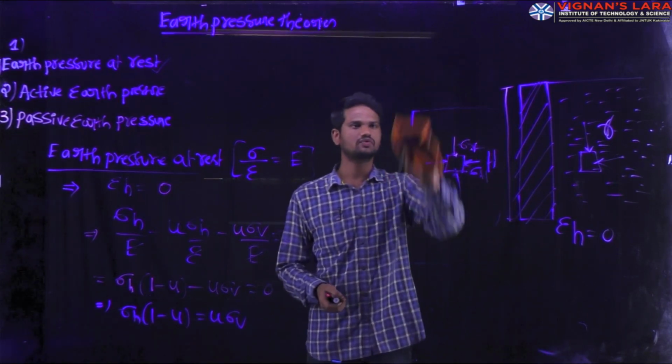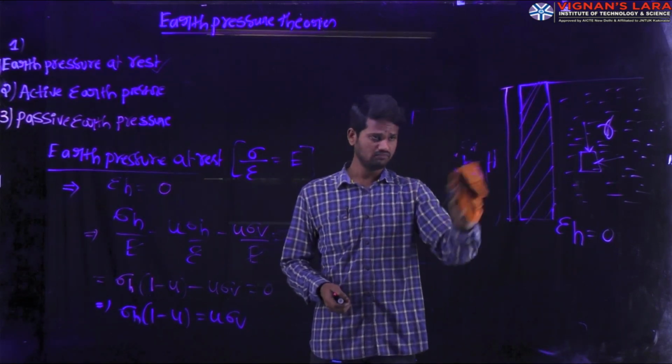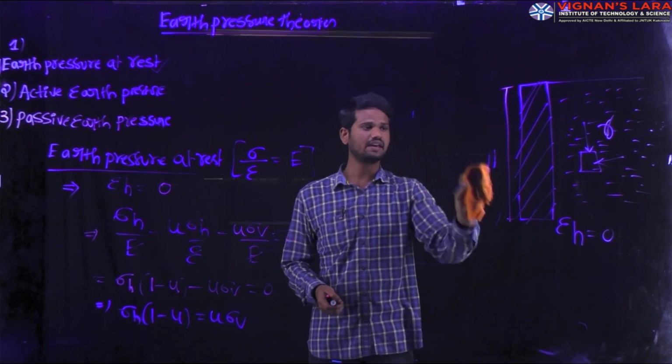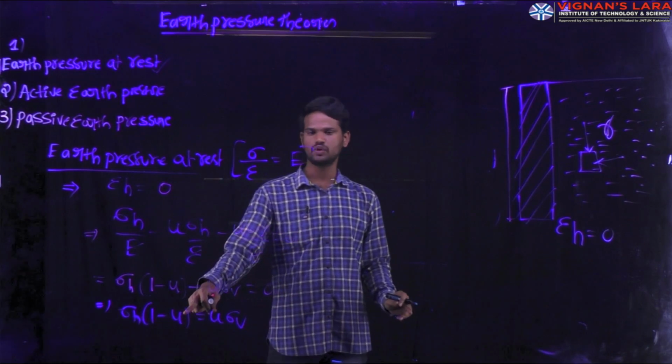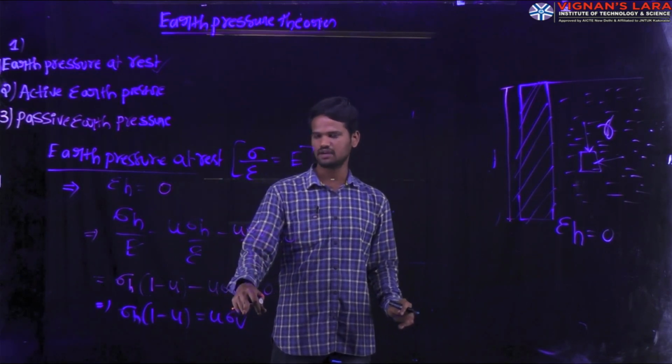How are we calculating this sigma h value? Bringing sigma h to the sigma v side, sigma h into 1 minus mu equals mu into sigma v.